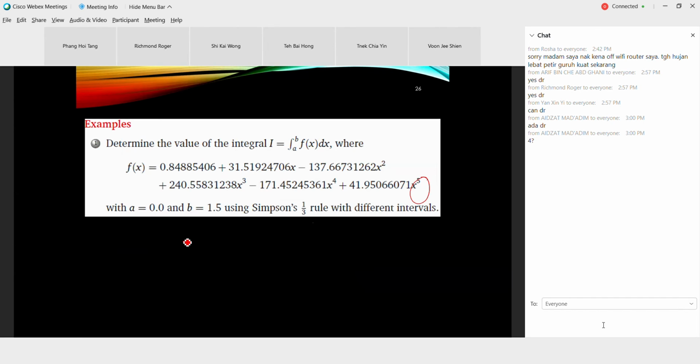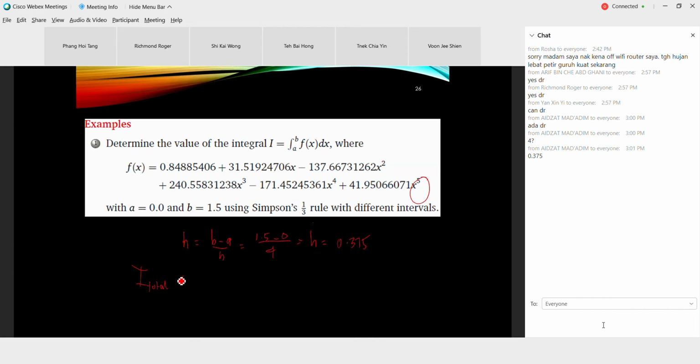So you want to use H equal B minus A over N, so it's basically 1.5 minus 0 divided by 4. So what is your H value, Aizat? 0.375.